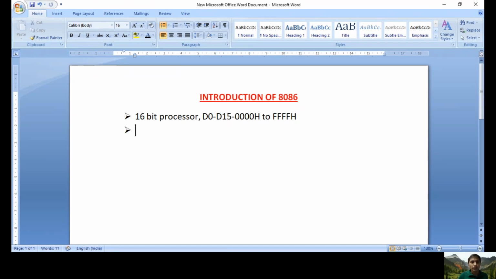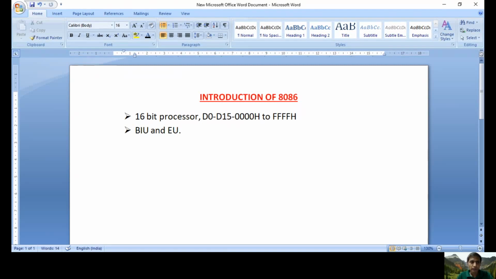Then the 8086 mainly contains two units. One is called the bus interfacing unit and the other is the execution unit. These two units are designed for 16-bit only because it is a 16-bit processor.